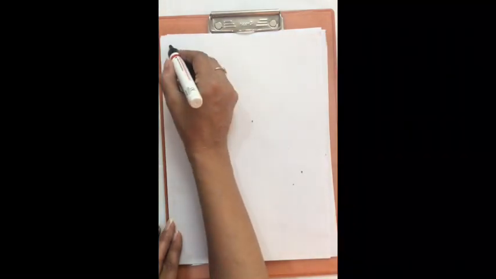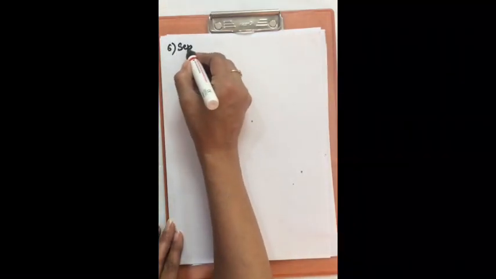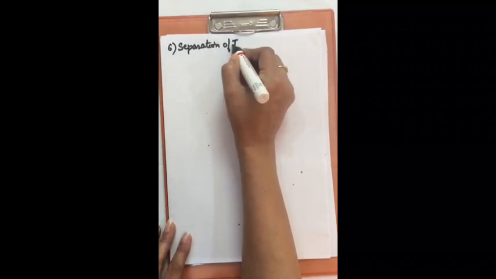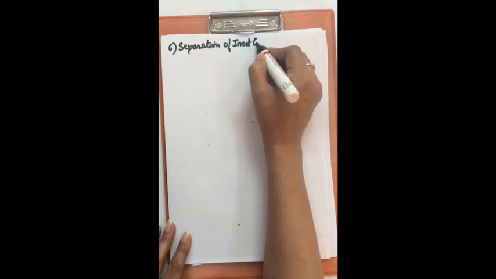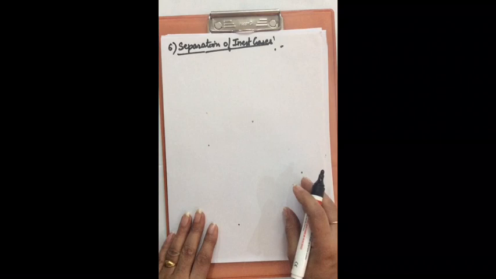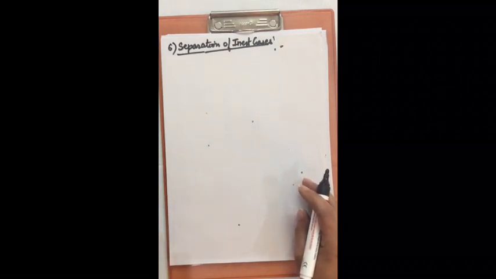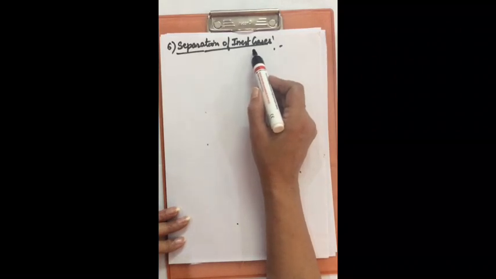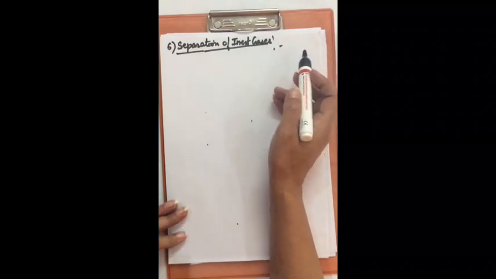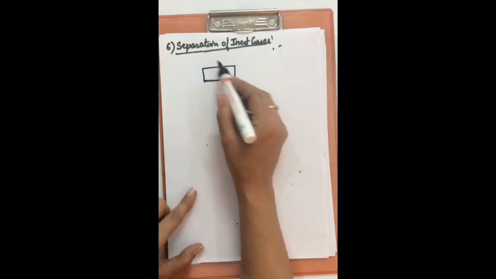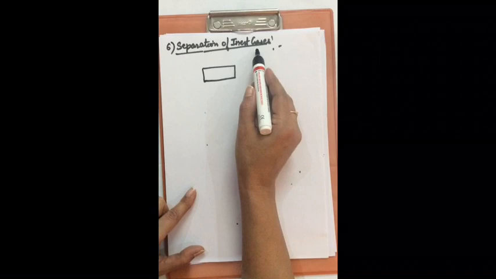Now the next application of adsorption is in separation of inert gases. If you have a mixture of inert gases, how can we separate these gases from each other? Due to the difference in the degree of adsorption of these gases on the surface of charcoal, the degree of adsorption of inert gases is different.